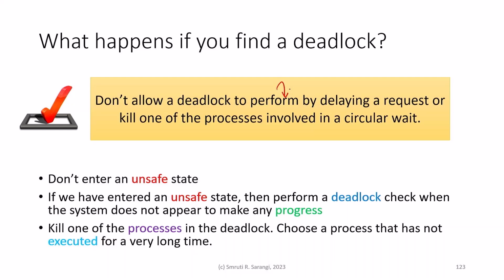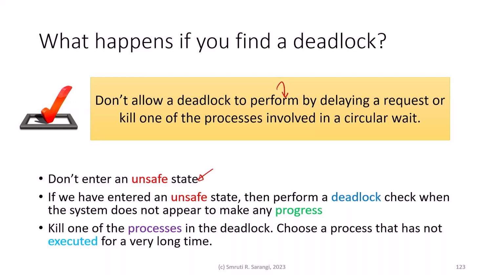So what we are doing is that before every request, if we check and see a deadlock is forming, we may delay the request, we may cancel the request, or we may kill a process. All of these things are doable, right? Because the main idea is that you do not enter an unsafe state, because you know that if you have entered an unsafe state, then problems can happen.